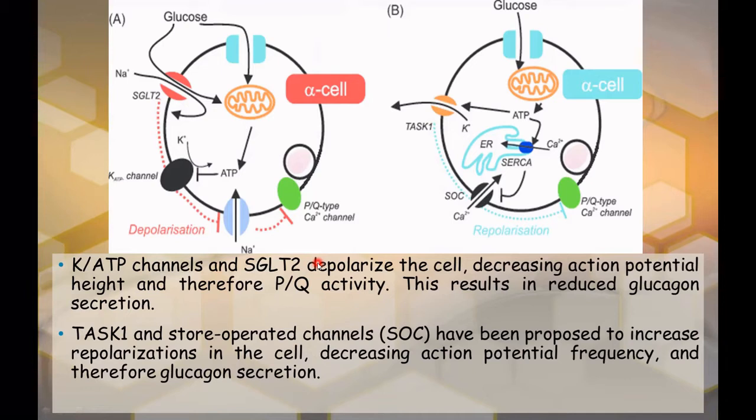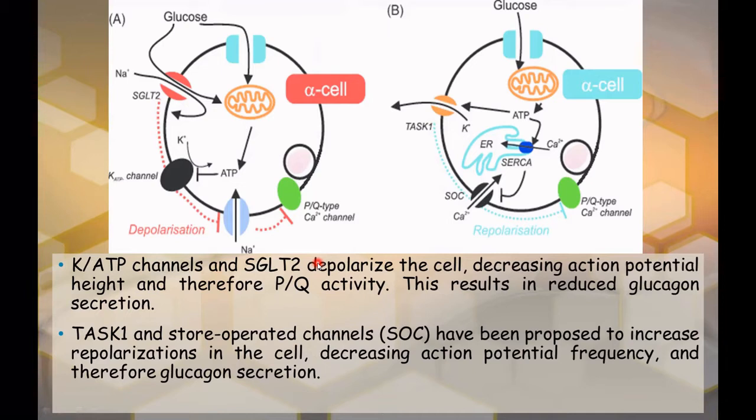There is glucagon secretion, but it is reduced. In the second situation, where you have the TASK-1 and the store operated channels, the TASK-1 is actually a potassium channel and the store operated channels are the calcium channels.